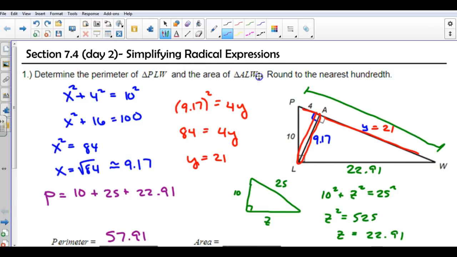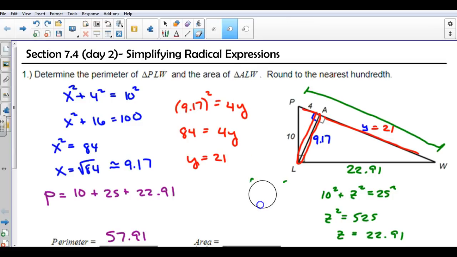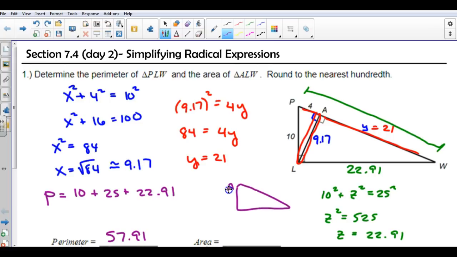And then the other one we want to figure out is the area of triangle ALW. I'm going to just redraw that one down here across the bottom. So triangle ALW, if I label it, I would have A, and then L would be here, and then W would be here, because LW, that actually is backwards. Let me try one more time.